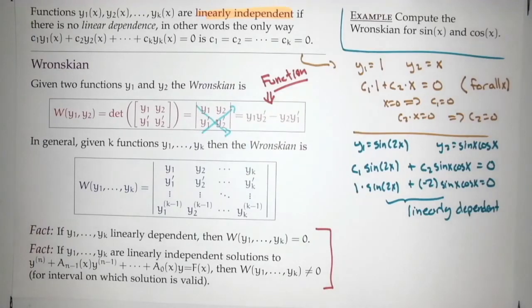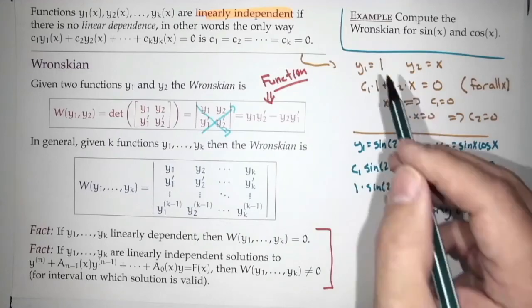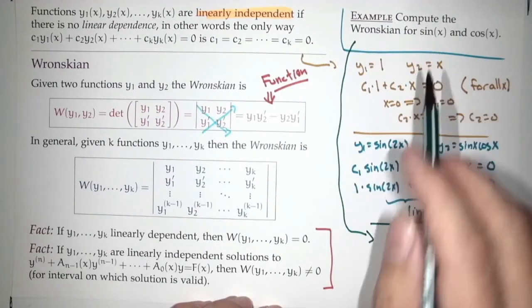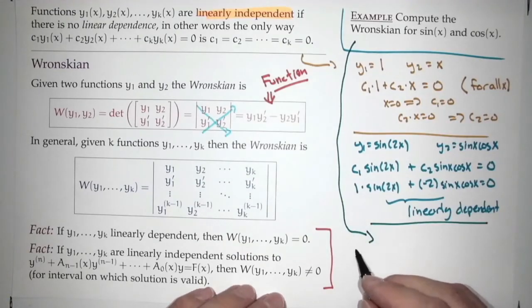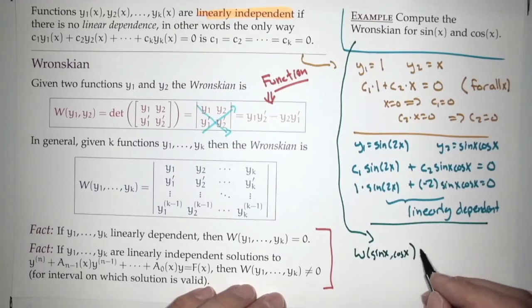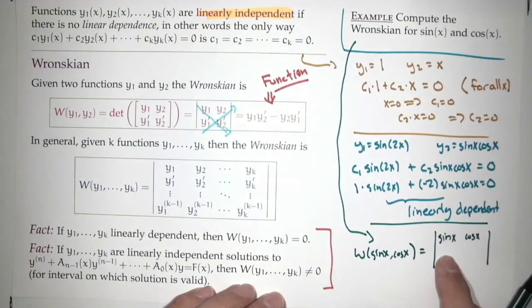All right. Since we can do the Wronskian for 2 functions, let's do a quick example. Compute the Wronskian for sine x and cosine x. It's going to be a 2 by 2 determinant. The first row is the functions, sine x, cosine x. The second row, put in the derivatives.